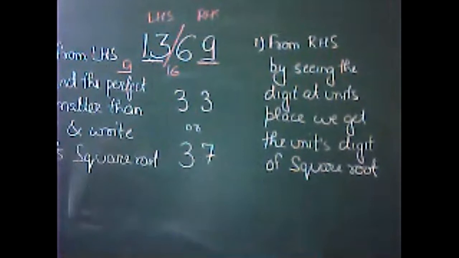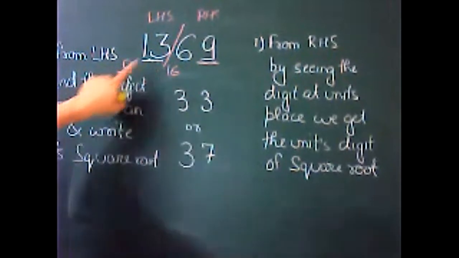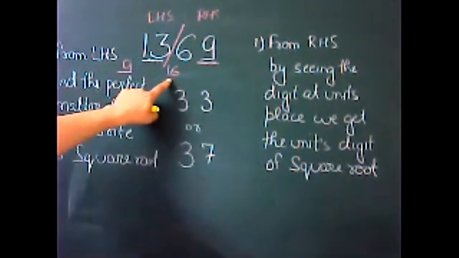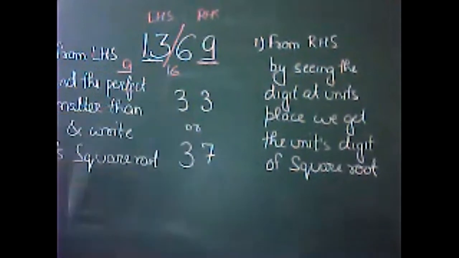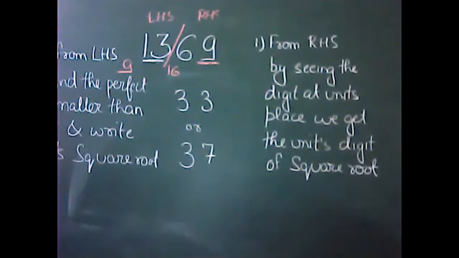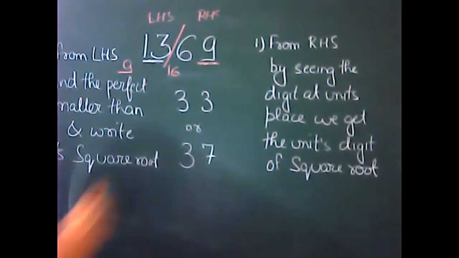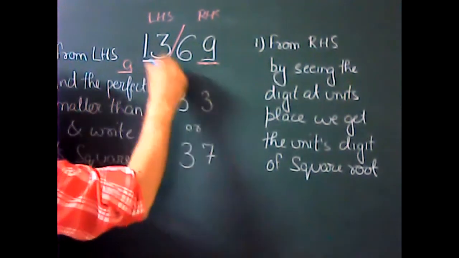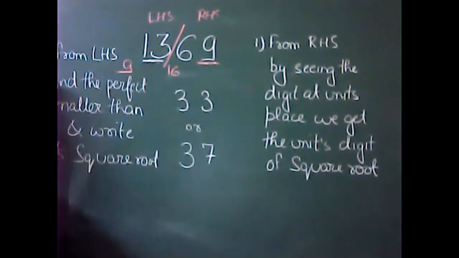The perfect square smaller than 13 is 9 and the perfect square greater than 13 is 16. Isn't it? Yes. Now we have to decide whether 13 is closer to 16 or 9.